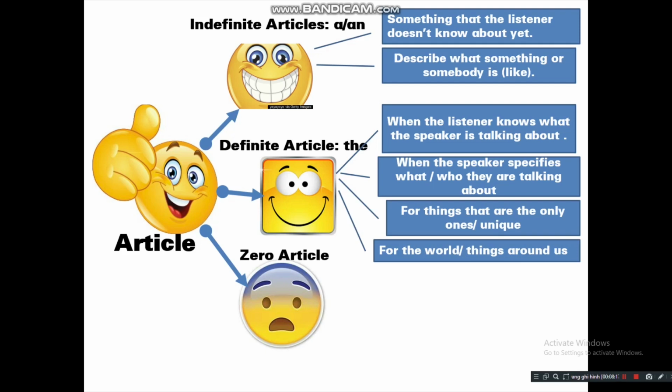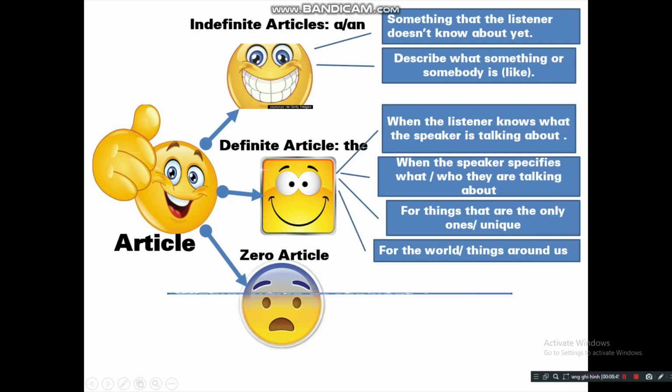Definite article is also for the word or things that are around us. So basically it's the things that you would know, or something that's special, or in this case something that you are talking specifically about, or something that's very vast and that affects everyone, specifically the world that you're living in.